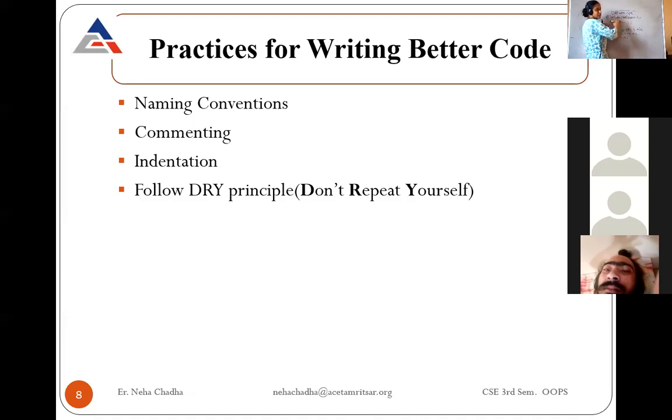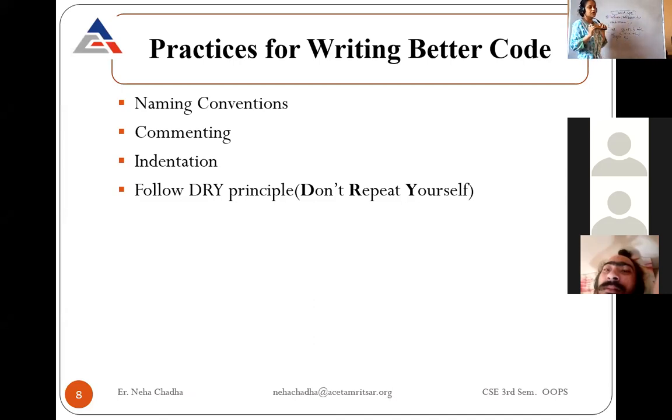Use proper name formats: whatever the name of your program, whatever operation you are going to perform, give the particular name so that you can easily understand what the code is all about. If I write add.cpp as the name of the program, it will be very clear to me that it is a program to add two numbers.